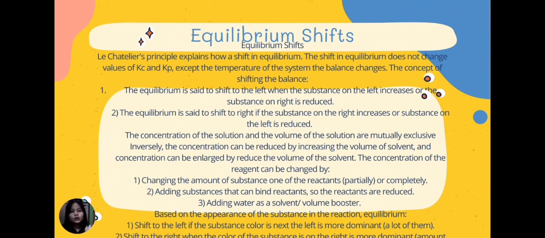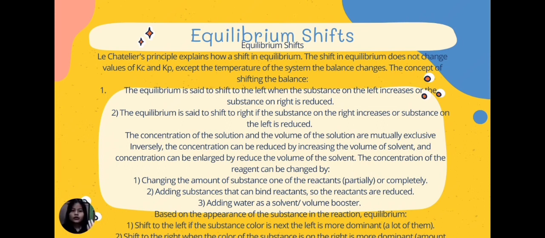The concentration of the solution and the volume of the solution are inversely related, and concentration can be reduced by increasing the volume of solvent, and concentration can be enlarged by reducing the volume of the solvent.